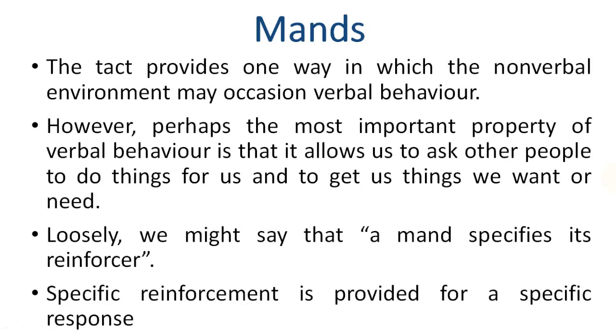That is, specific reinforcement is provided for a specific response. You can think of a mand as the reverse of a tact. In a tact, for example, a specific antecedent produces a specific response. In a mand, a specific consequence reinforces a specific response. So if I want to get an apple, the consequence, I ask for an apple, the response.